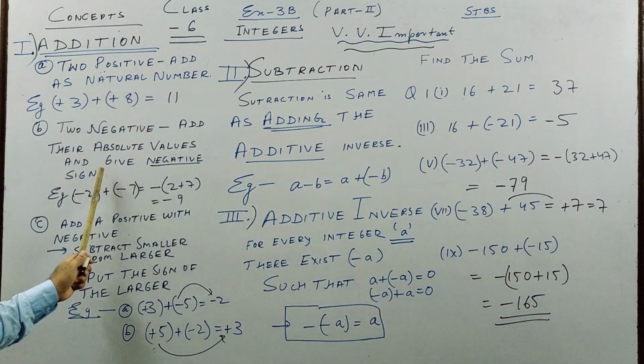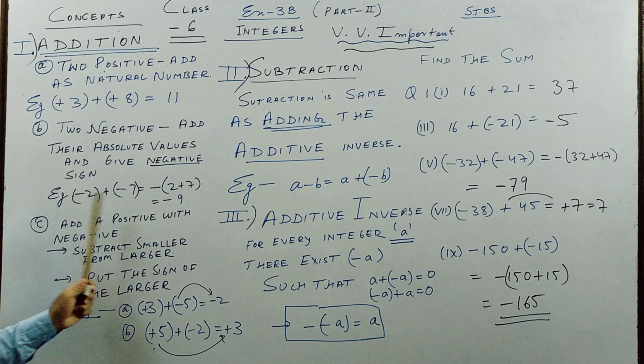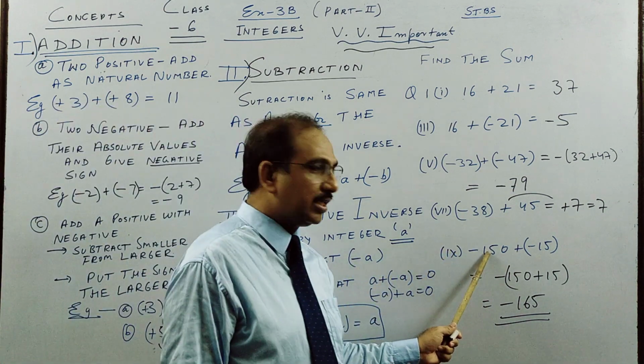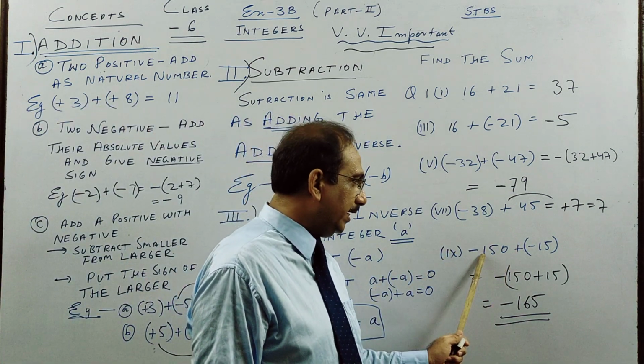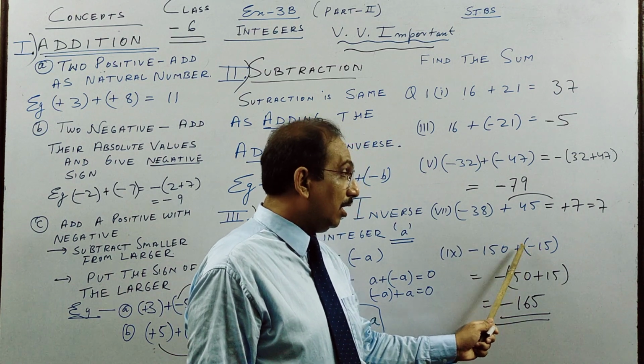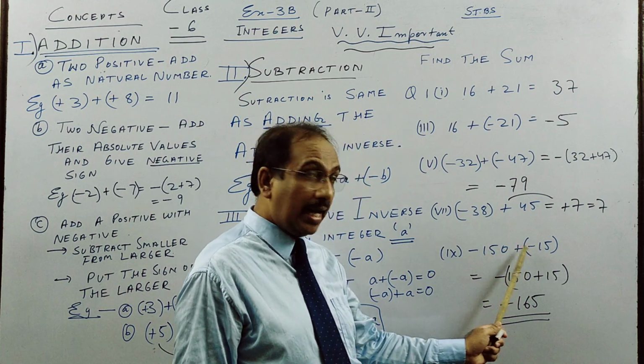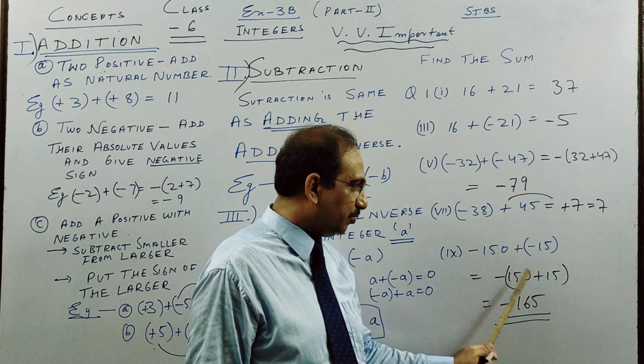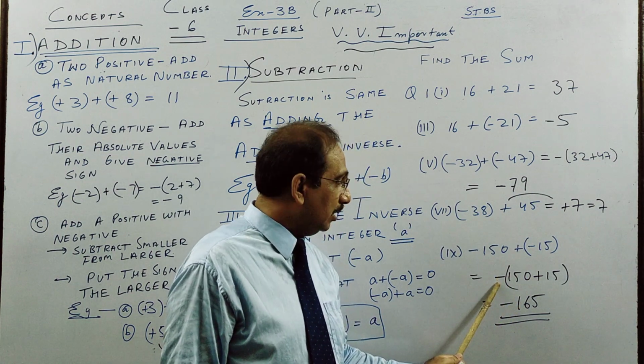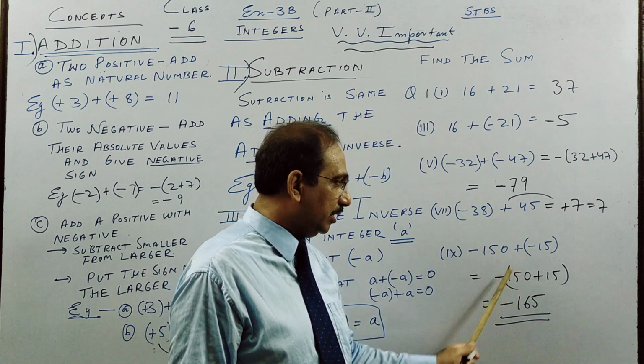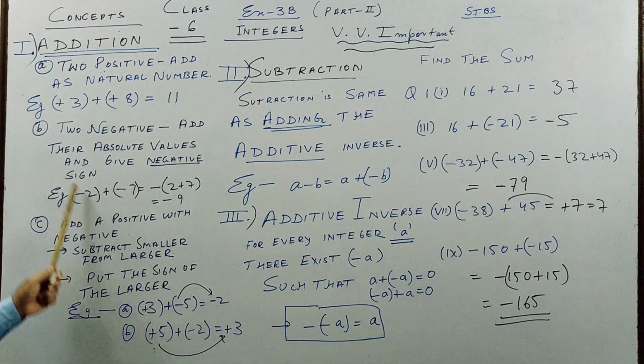We are adding two negatives, but here a bracket is not there in the question. We are adding two negatives, and this is how we do. We add the absolute values and put the minus sign, because both of them are minus as per rule 1b. So you get minus 165.